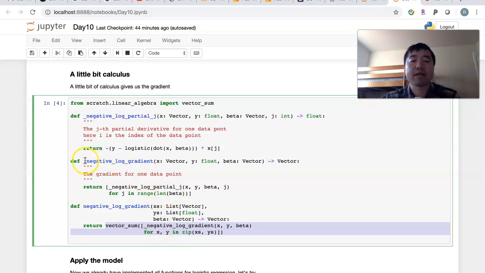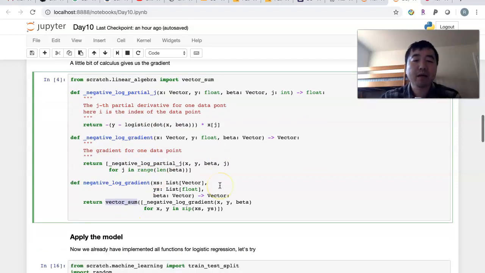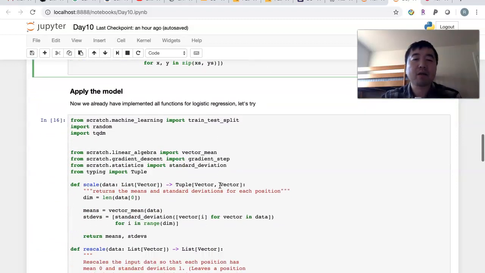We call a function that calculates the gradient for one data point, and then for that one data point we call a function to get the jth partial derivative. Generally, it calculates the gradient for each data point and then puts them together. Okay, that's it for the gradient part.